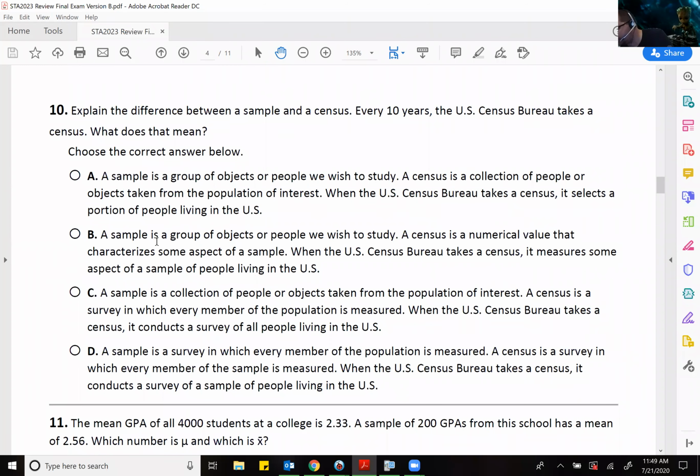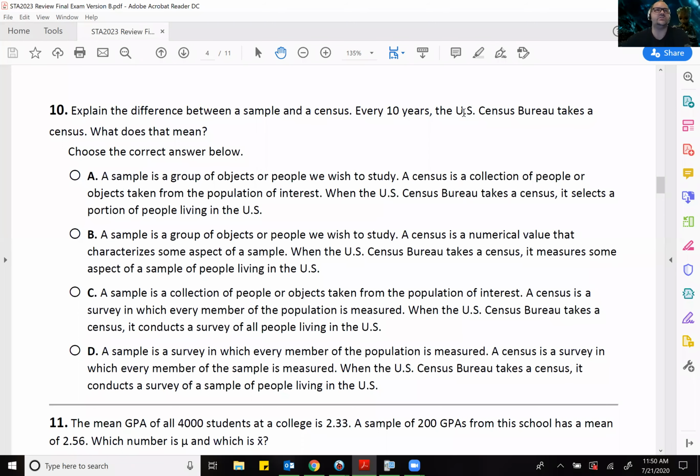Okay, again, coming from 7.1. So it says, explain the difference between a sample and a census. Every 10 years, the U.S. Census Bureau takes a census. What does that mean? So sample, again, it's like a piece of the population. Census, when it's talking about here, is all about the population.